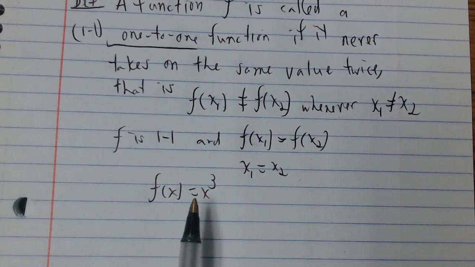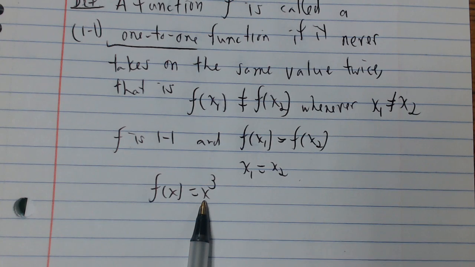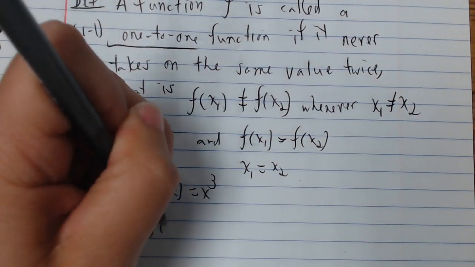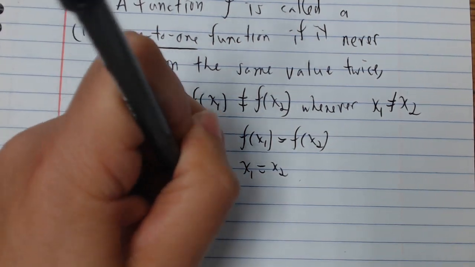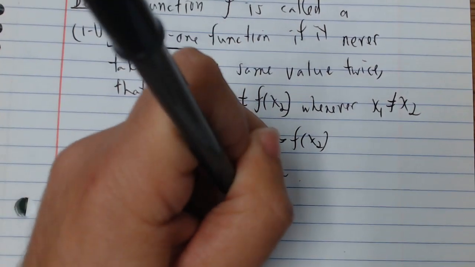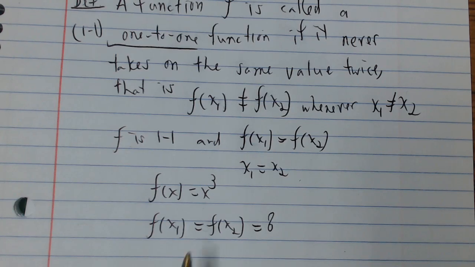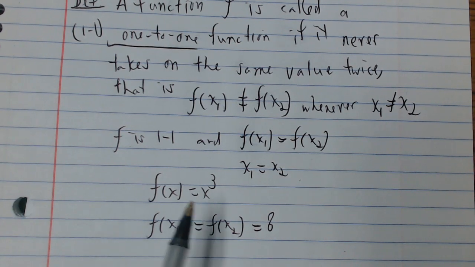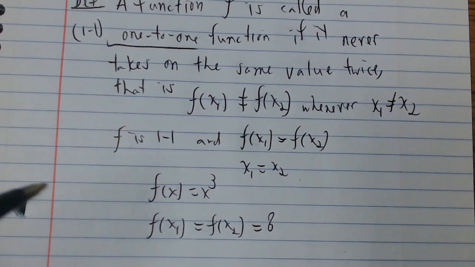So if I tell you that f of x1 equals f of x2, which is 8, for instance, the only way that can happen is if both x1 and x2 are 2. That's what's going on here. For one-to-one functions, each x value takes me to a unique y value.